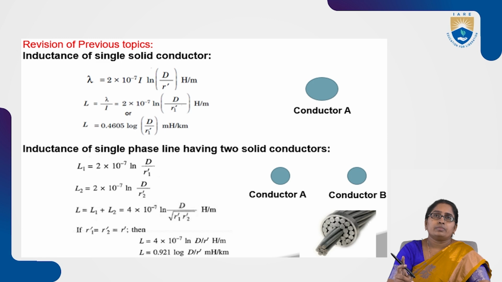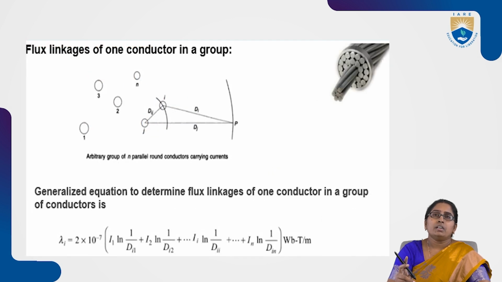Now also consider a group of conductors which are side by side. You can see in the figure a group of n parallel conductors: 1, 2, 3 and so on, with the i conductor and j conductor in between, and so on.